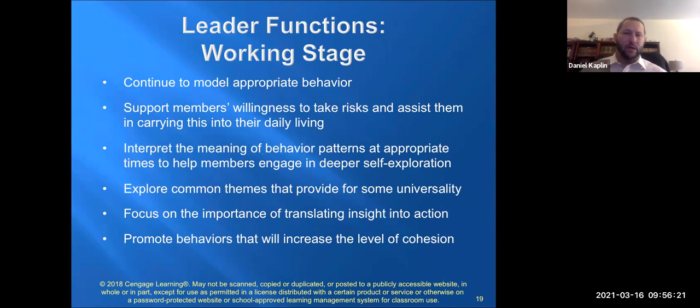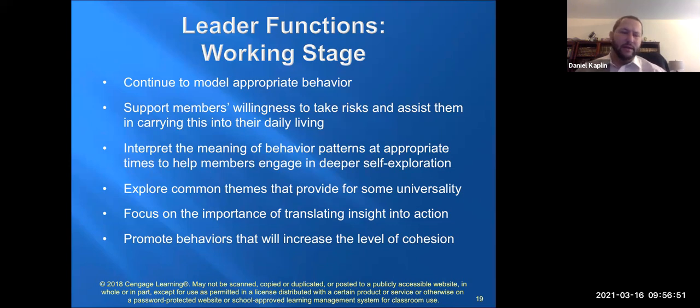If people are trying to take risks, you want to support people's willingness to take risks and encourage people to get a little bit beyond their comfort zone. And if they do take a risk, you want to help them turn it into some action, right? There are also going to be times when you want to do a deeper dive on the person, for further self-exploration, right?